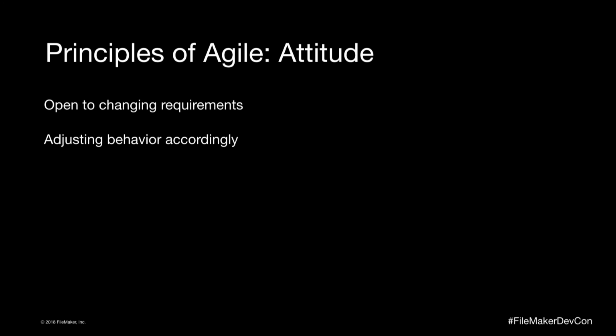They also have to adjust their behavior very often. So within Agile, within a lot of the techniques, you have sprints, and at the end of every 2-week sprint, or however long your sprints are, you have a retrospective ceremony where you're considering what happened in the last sprint and what went well and what went differently, or what needs to change and be different in the next sprint. With that, the attitude should also be addressed.